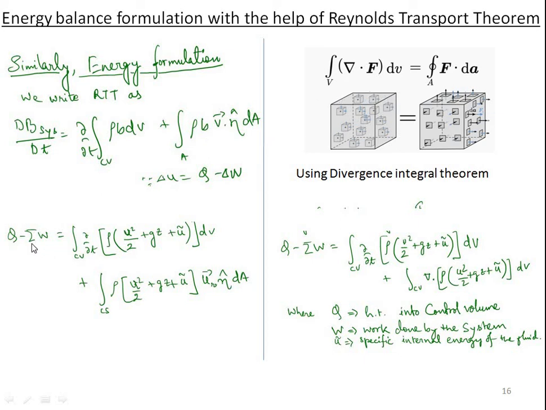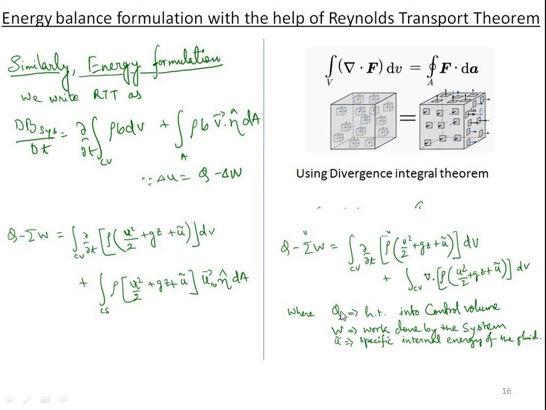Then, as we know, q is our total energy or work, and the internal energy is q minus delta w by the law of thermodynamics. We replace the same here, and this is our kinetic energy part, this is our potential energy part, this is our specific internal energy. So the definitions are given here.